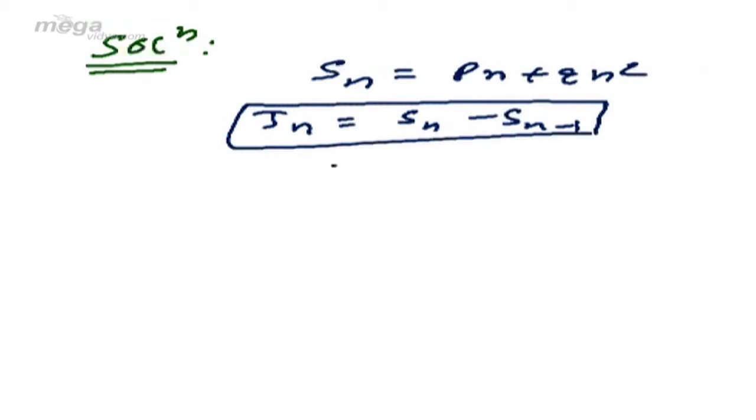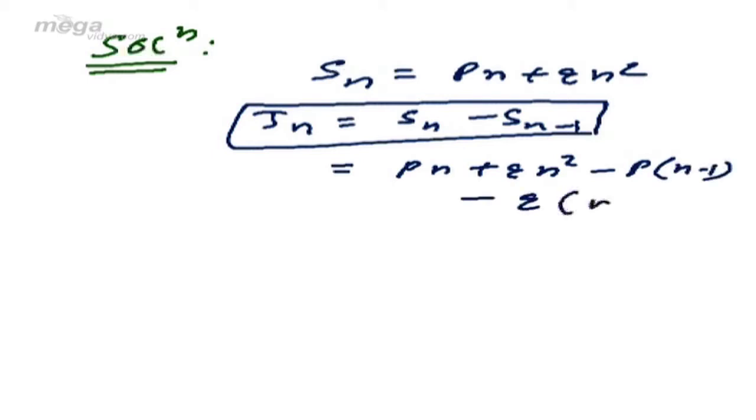Instead of n, you put n minus 1, then you get S(n-1), that is P times (n minus 1) plus Q times (n minus 1) square.